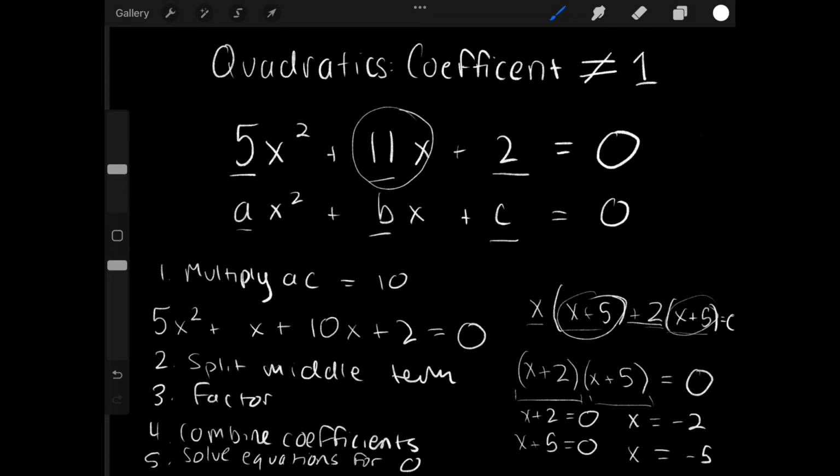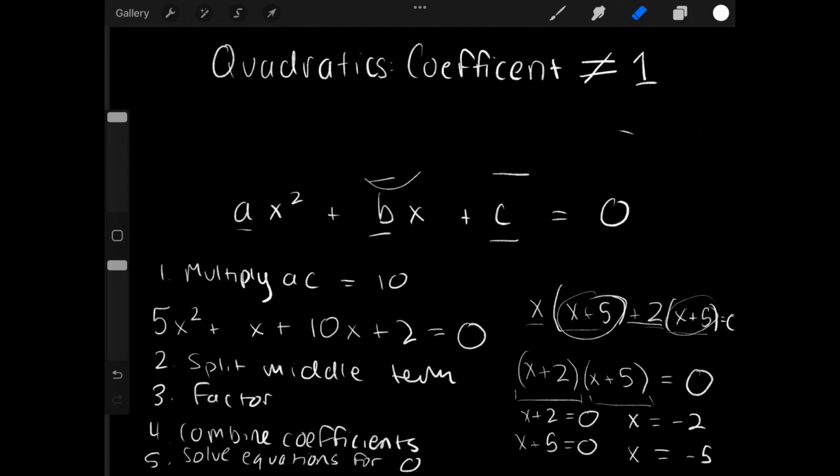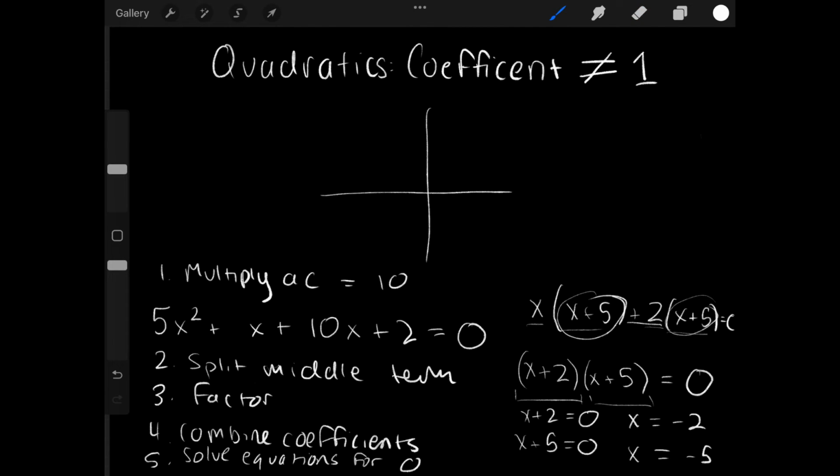So you might notice that we have two solutions, and quadratic equations have two solutions. And these solutions are actually x-intercepts. So I'm going to erase this up here. And if we have this coordinate plane, a parabola is going to look like this, right? So it crosses the x-axis at two different points.